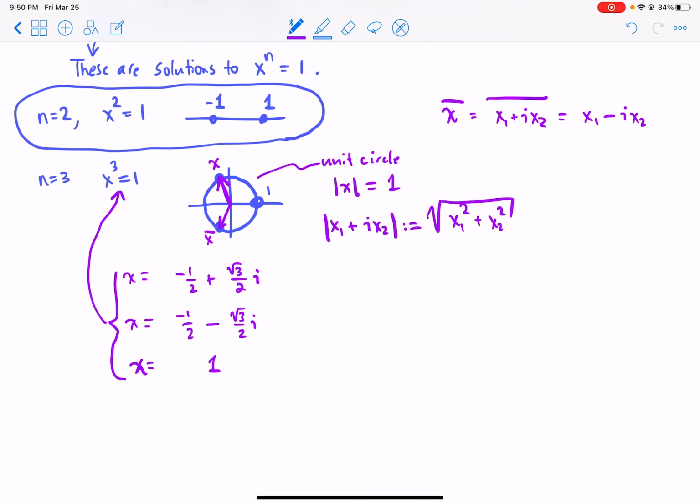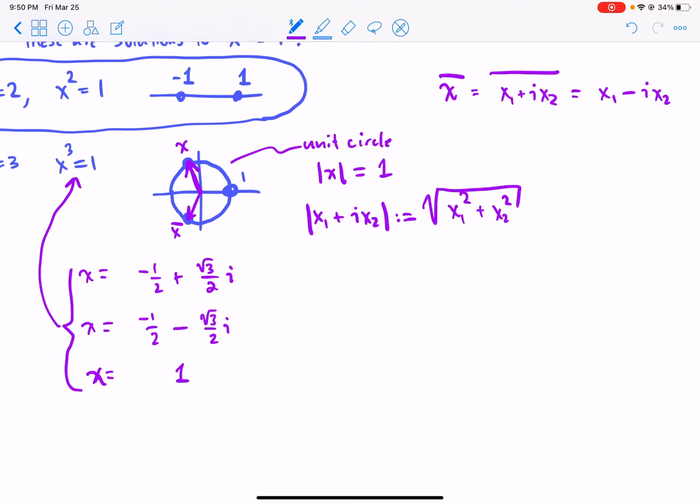Okay, and that makes sense because, well, let's look at this one here. It's sort of roughly here. So if we go once like that, then if we go twice, we'd be all of a sudden here. And if we go one more time, we'd get back to 1, which is where we wanted to go. So that was x times x times x.